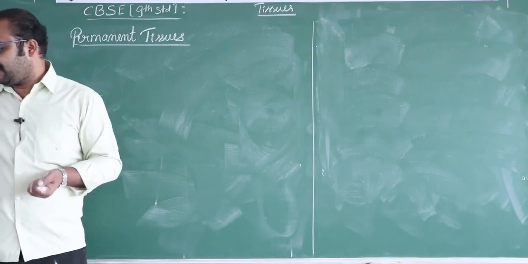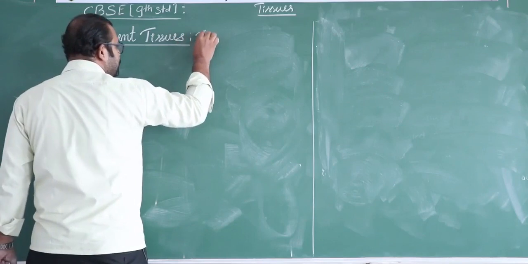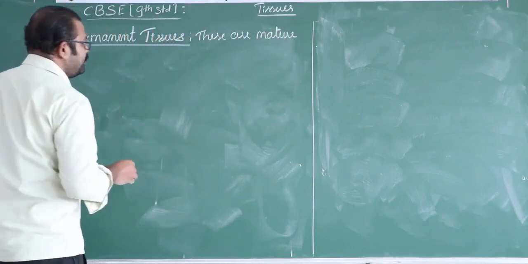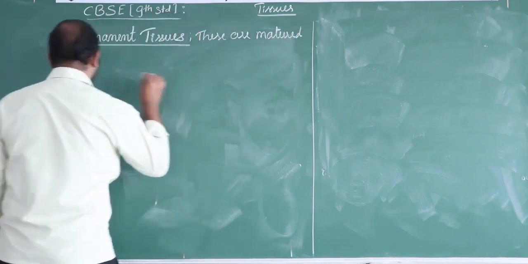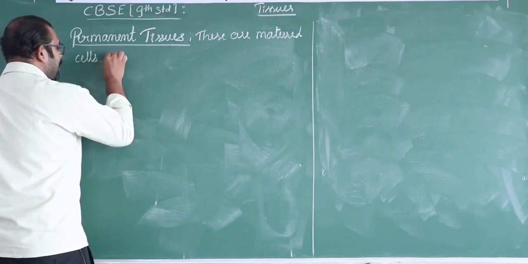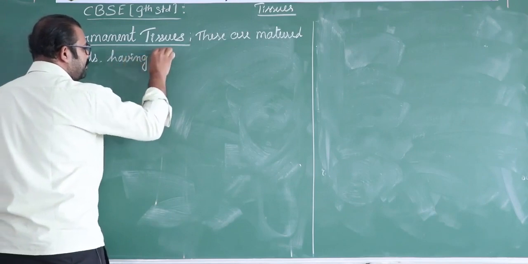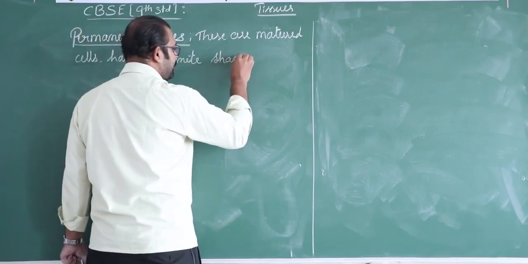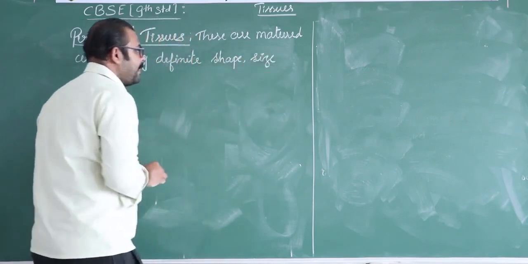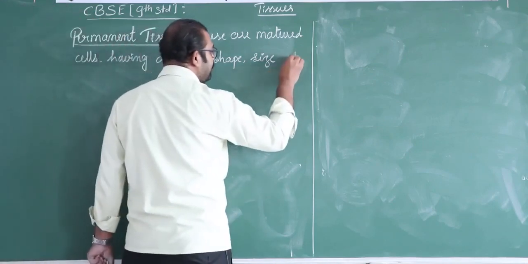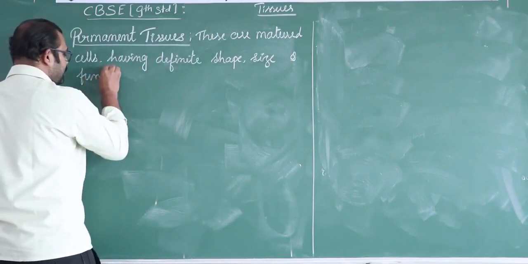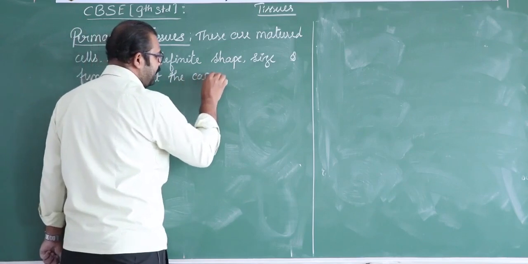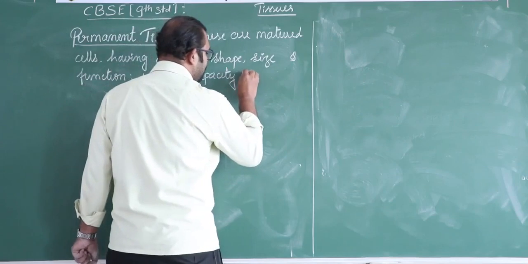So let's define permanent tissues. These are mature cells having definite shape, size and function, and they have lost the capacity of dividing.